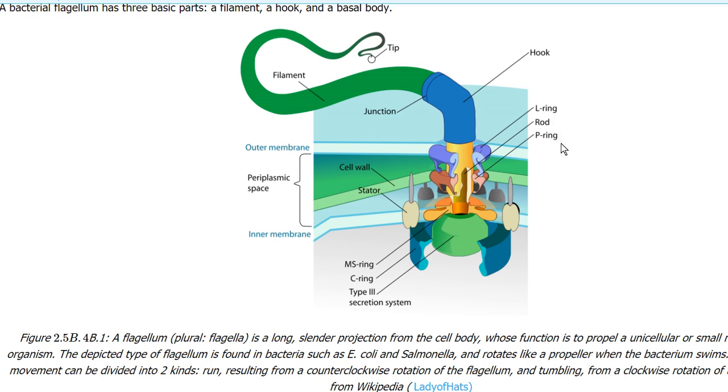These rings are embedded in both the outer membrane and the inner membrane. The L ring is present in the outer membrane side, and the P ring is present towards the inner membrane side. So they are embedded in both the membranes.